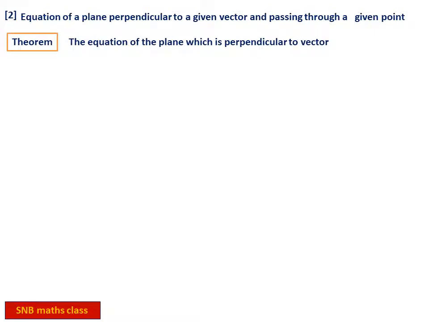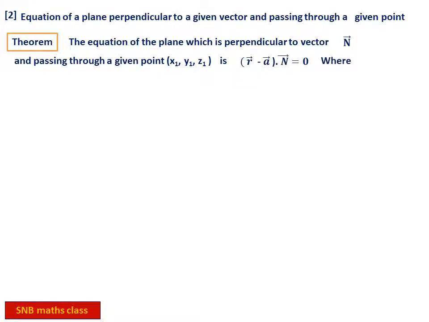The equation of the plane which is perpendicular to a vector n and passing through the given point x1, y1, z1 is given by (r minus a) dot n equal to 0, where vector a equals x1i plus y1j plus z1k, that is, the position vector of the point whose coordinates are x1, y1 and z1. This is the given thing, and n can be taken as Ai plus Bj plus Ck.